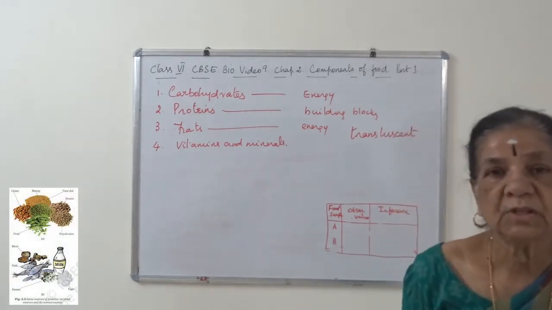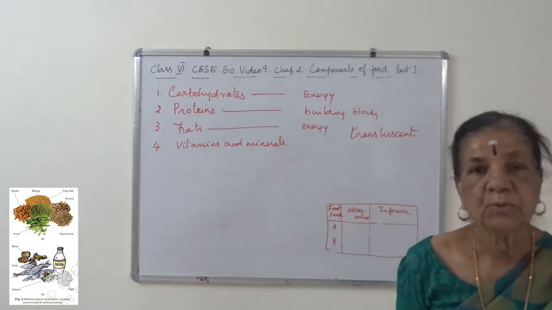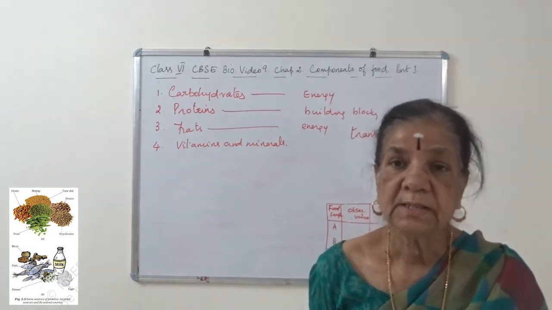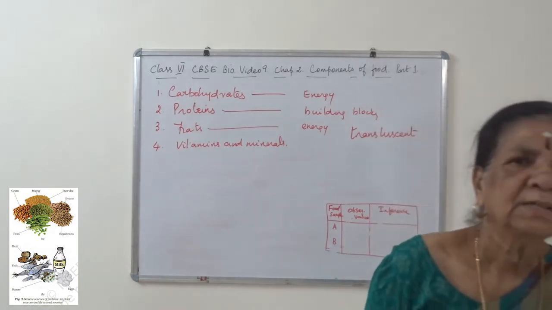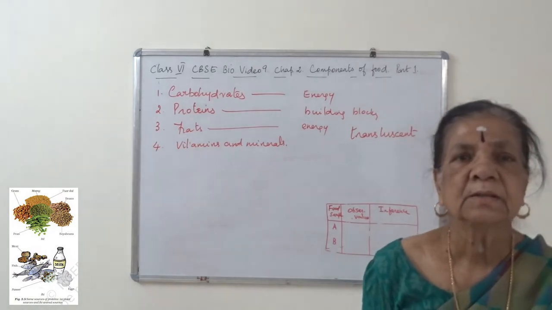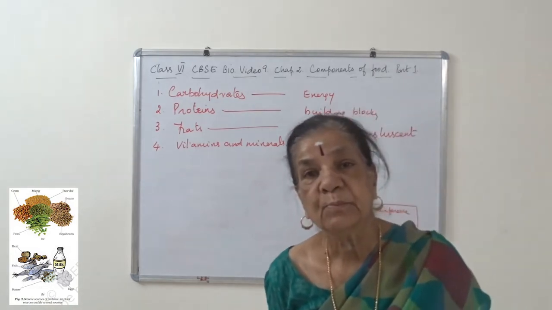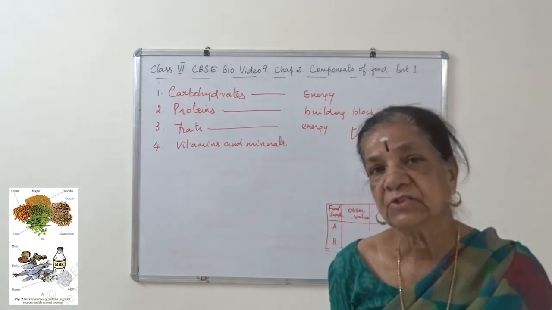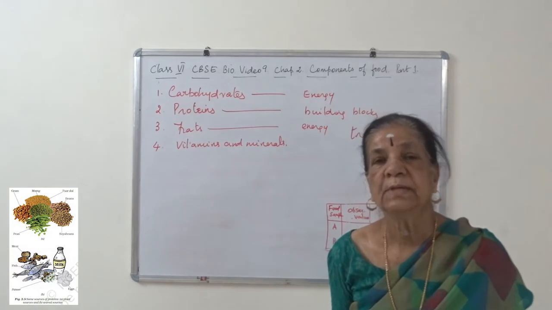Now proteins are the building blocks, we say. Normally, the energy that we are gaining and the energy that we are spending is mainly from carbohydrate and fat. Whereas protein is called the building block. The food that we are eating is helpful in the growth and repair of tissues.